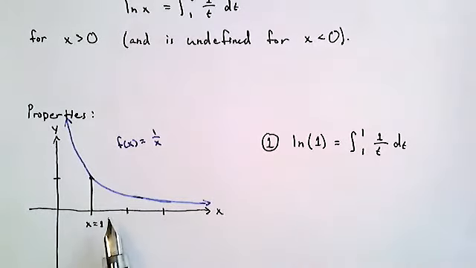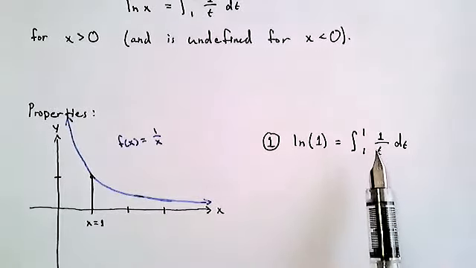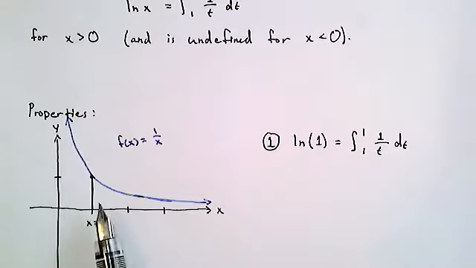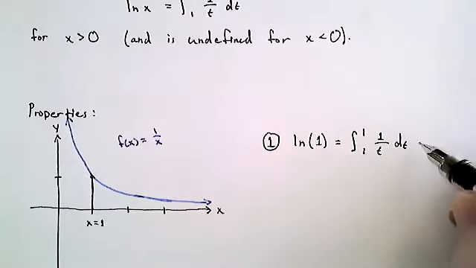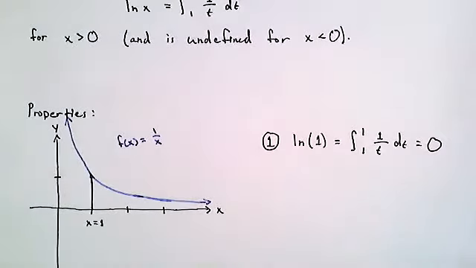Or I can remind you of the geometry. So remember, an integral is actually an area under a curve. And in this particular integral, we're looking at the area from 1 to 1. So we're looking at the area of this little vertical line segment. What is that area? 0. Good. So the natural logarithm of 1 is 0.